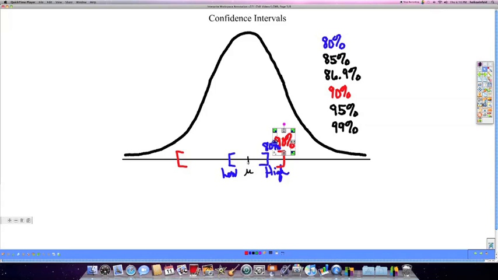It's very possible that the population mean is to one side of the interval, and it's also very, very possible that the population mean is not in the interval at all. But it appears that I have destroyed my picture here.